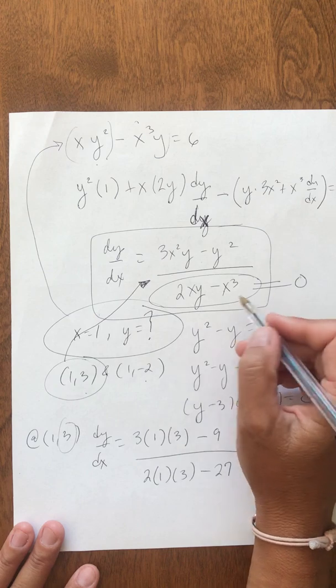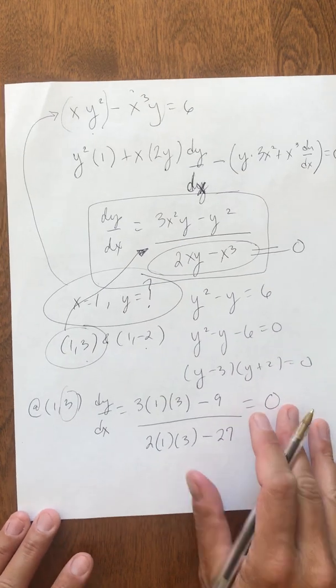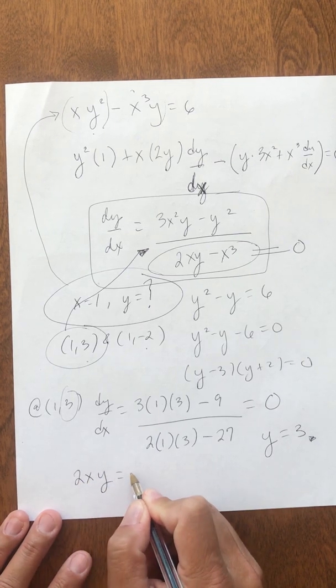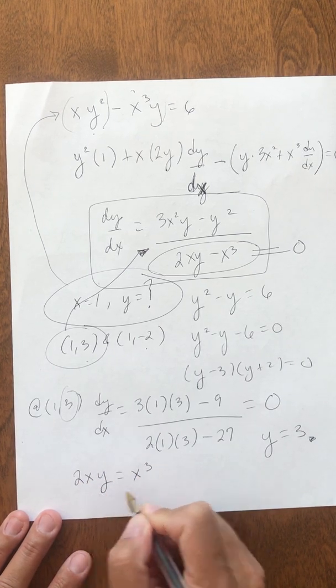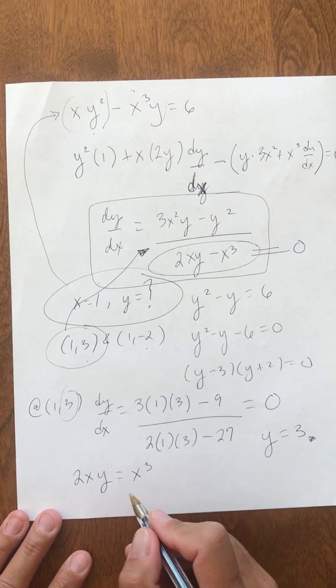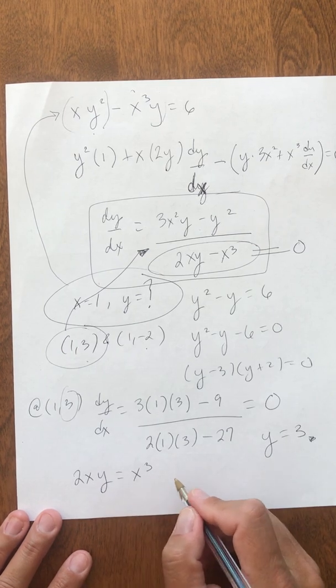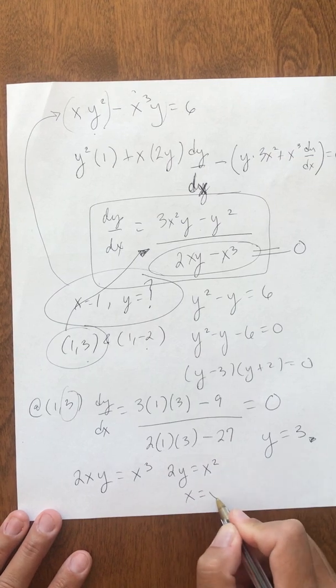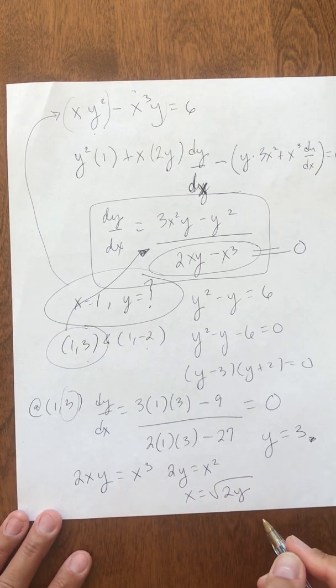So if 2xy minus x cubed equals 0, 2xy equals x cubed, divide both sides. So I get 2y equals x squared, so x equals the square root of 2y.